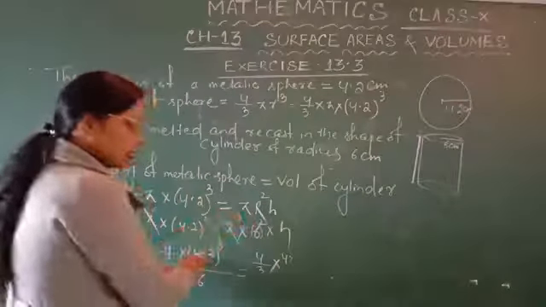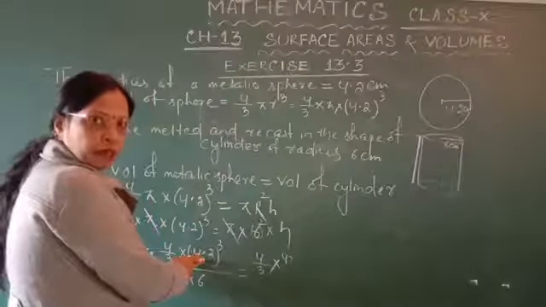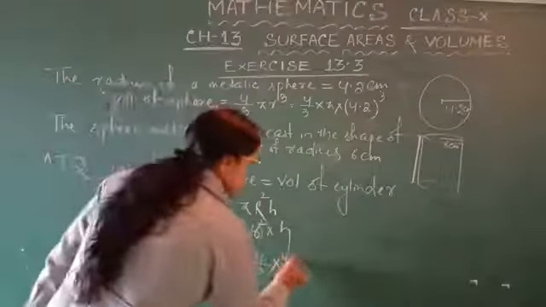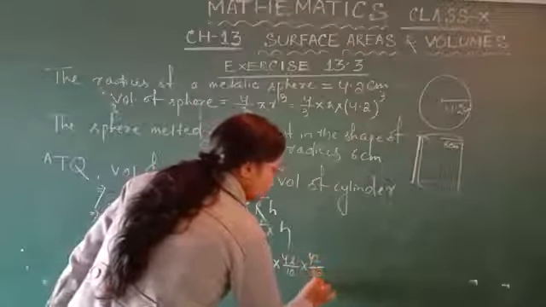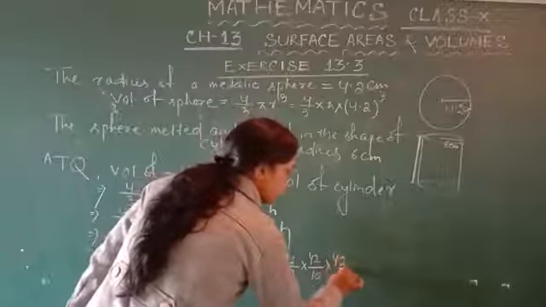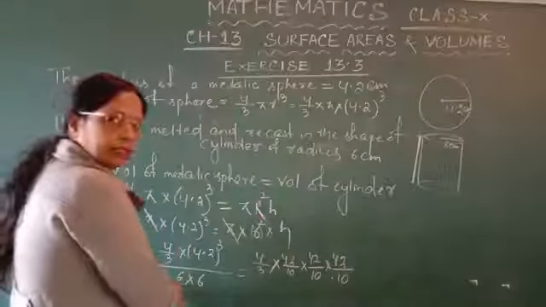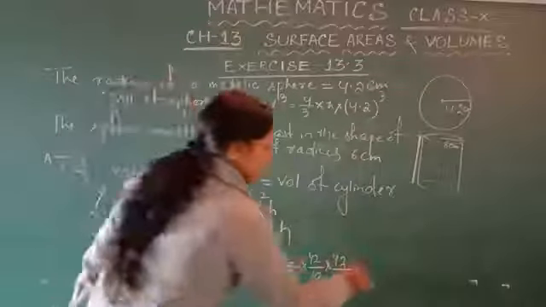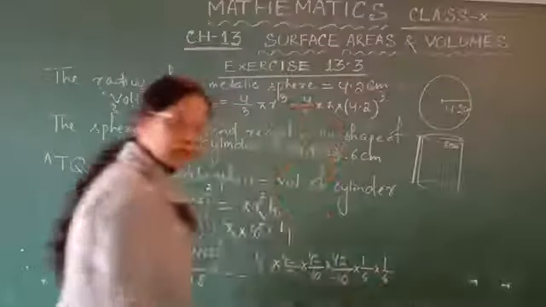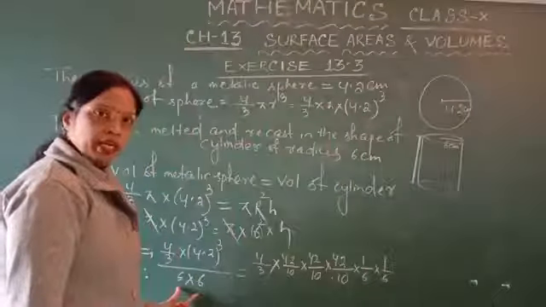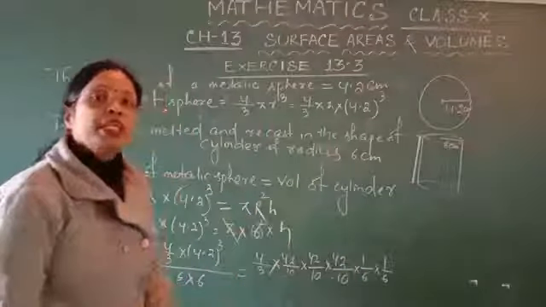So 4.2, when we remove the decimal point, becomes 42 upon 10 into 42 upon 10 into 42 upon 10, divided by 6 into 6. That means here we write 1 upon 6 into 1 upon 6, because when we divide, it becomes multiply and the number becomes its reciprocal.